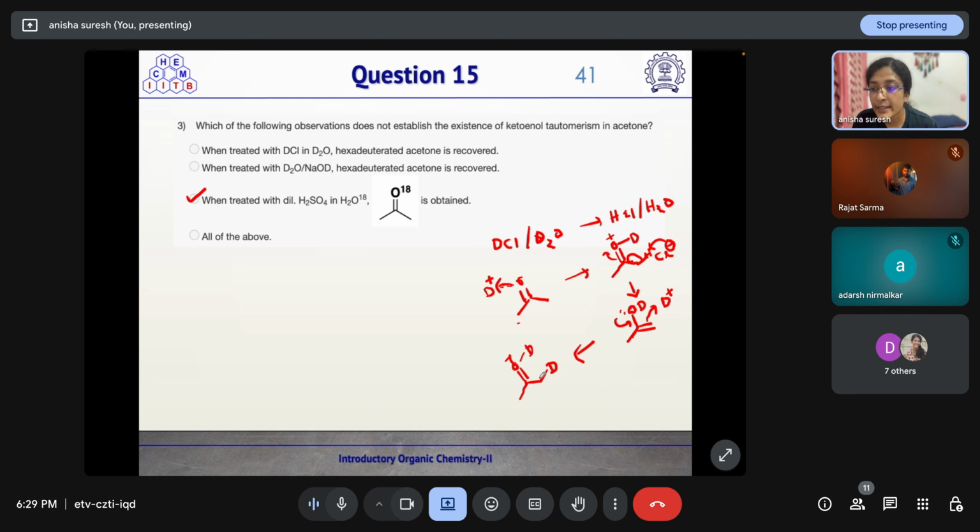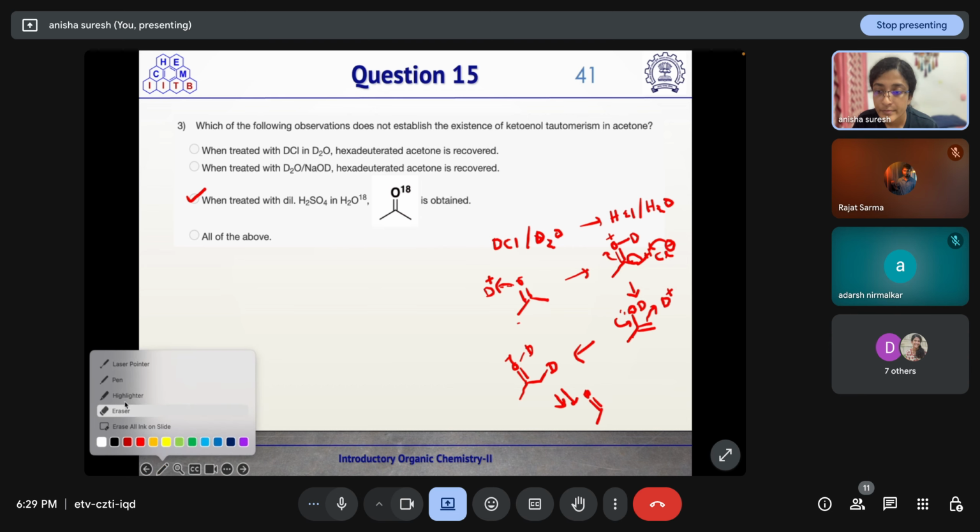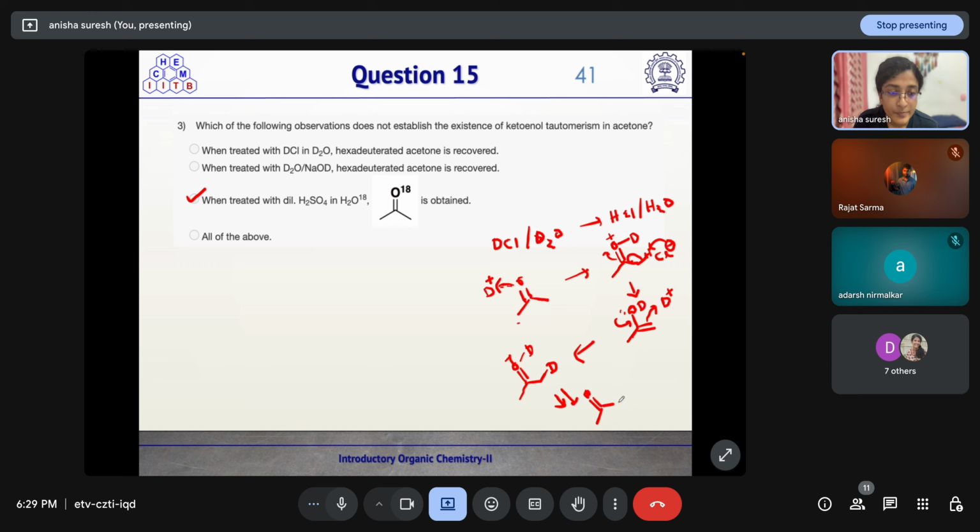Like this, the other five hydrogens are present, so it can undergo keto-enol tautomerism, and it will finally lead to formation of hexadeuterated acetone, right?